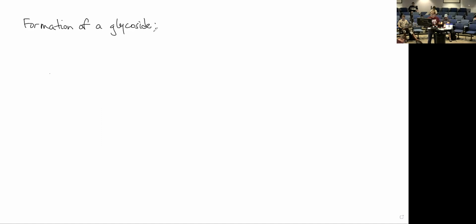But this is going to use, let's say, an alcohol, probably a fairly small one, with an acid catalyst, and it forms a full acetal. Or I can just say forms an acetal. It converts the hemiacetal at the anomeric carbon to a full acetal.